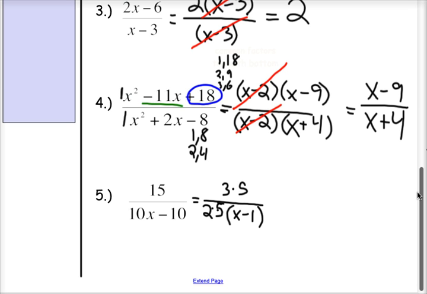So when I think about those two numbers that way, notice my 5s are going to be able to cancel off. So when I cancel off my 5s, I'm left with 3 on top, then I'm left with 2 and the x minus 1 on the bottom.